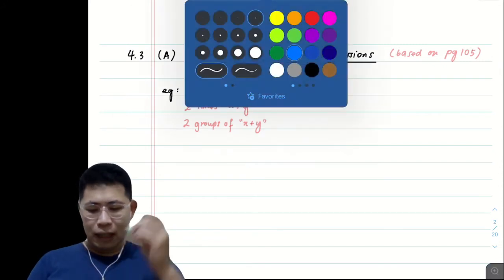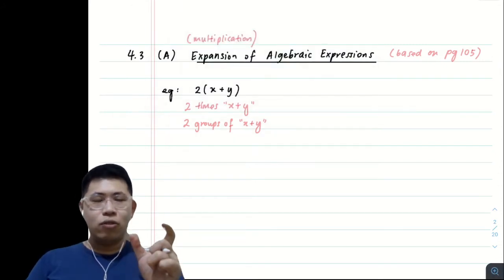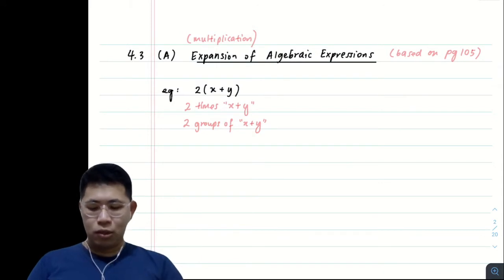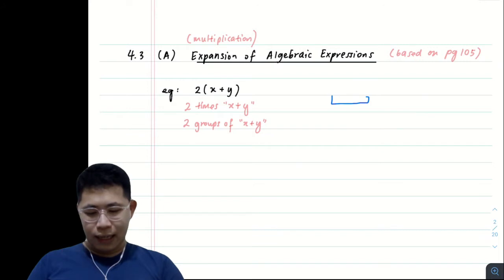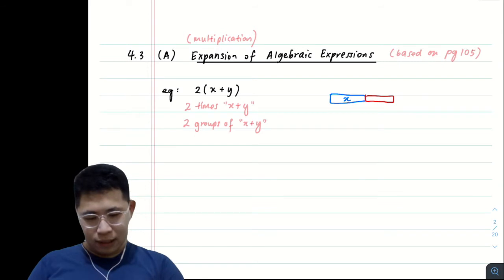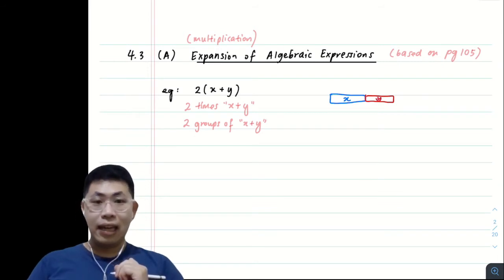Let's dive a little bit deeper. Now, let me draw one group of x plus y. If I think of it in terms like this, I have an x, and then I have a y.